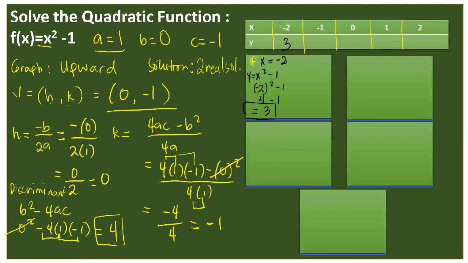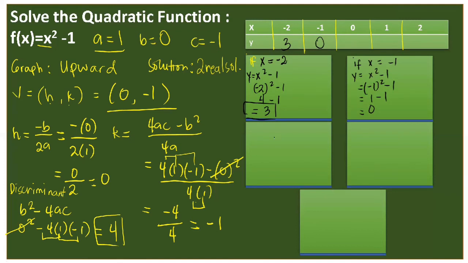Next naman natin is if x is equal to negative 1, then substitute natin y is equal to x squared minus 1, then negative 1 squared minus 1. So negative 1 squared is positive 1 minus 1, then it is equal to 0. So if x is negative 1, y is 0.